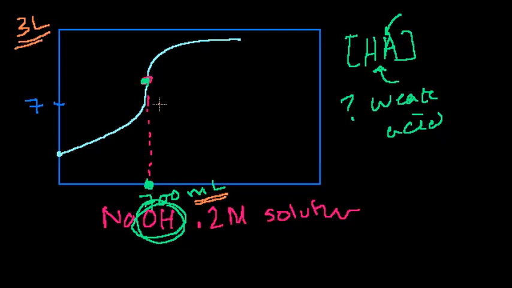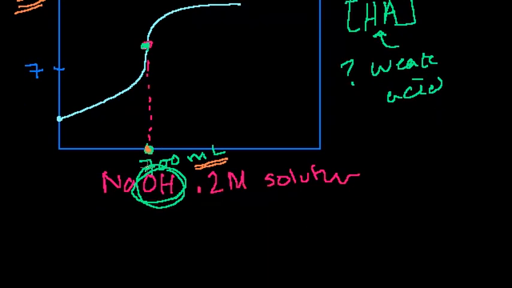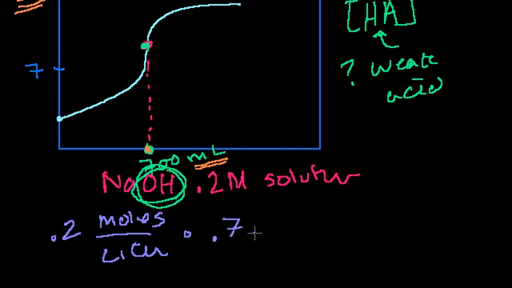So how many moles have we sopped up? Well, how many moles of OH are there in 700 milliliters of our solution? Well, we know that the concentration of our solution is 0.2 moles per liter of OH, times 0.7 liters, right? 700 milliliters is 0.7 liters.